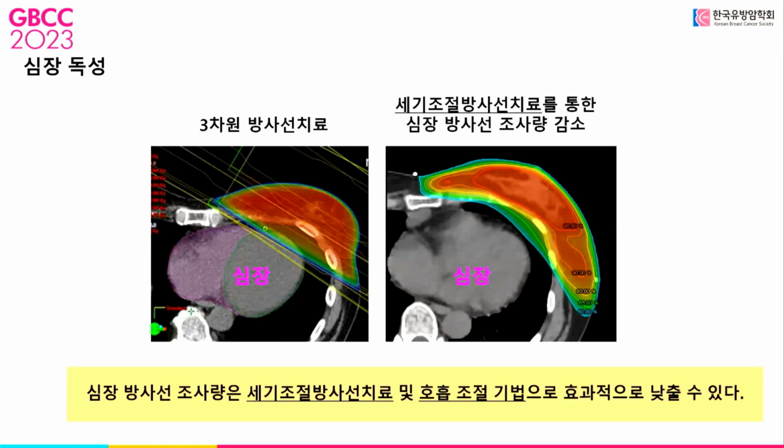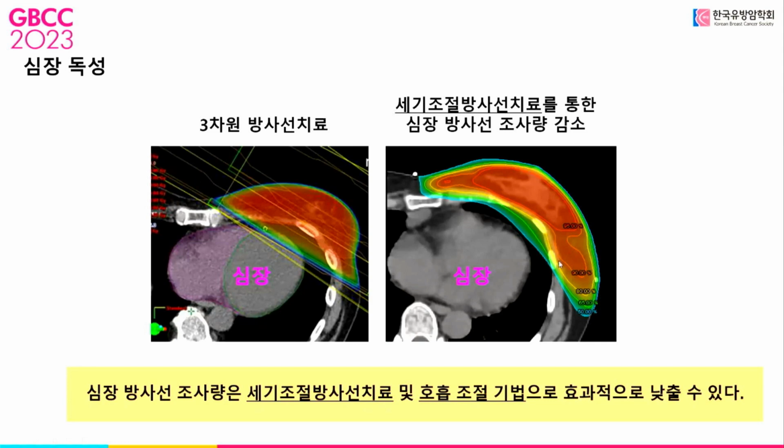This photo is using intensity modulated radiotherapy. So the routine 3D radiation will be following a straight line path, and so the heart will receive a little bit of the radiation dose.